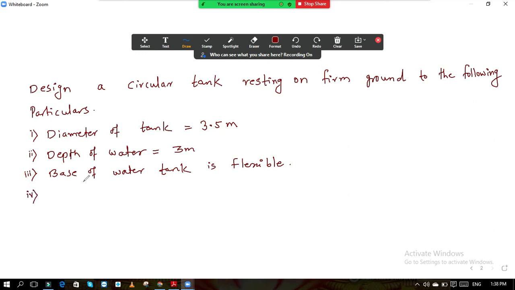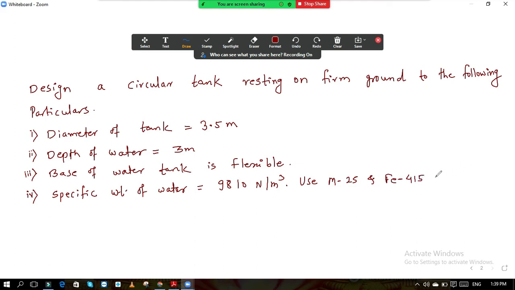Fourth, specific weight of water is 9810 Newton per meter cube. Use M25 grade concrete and Fe415 steel.